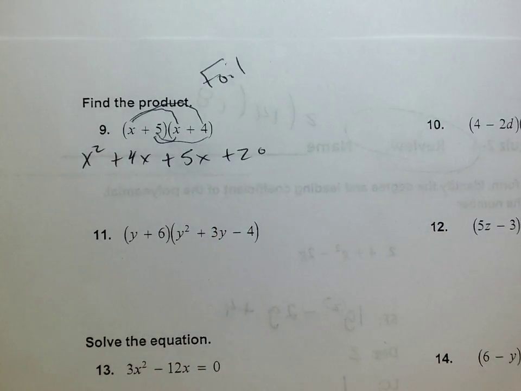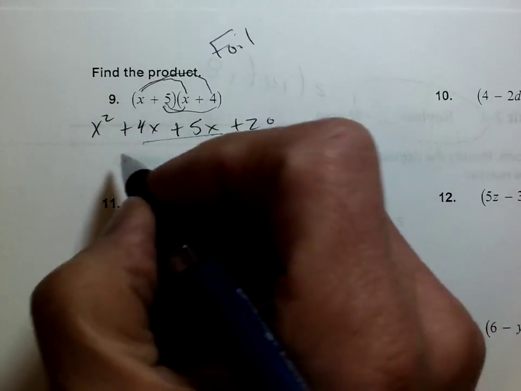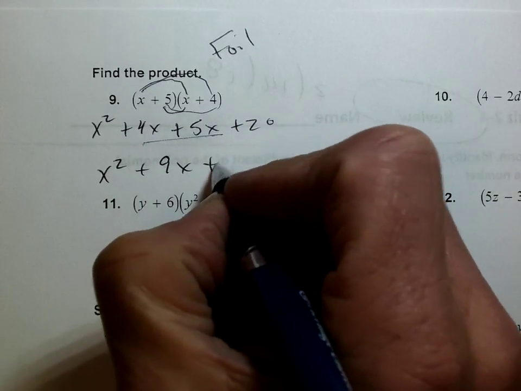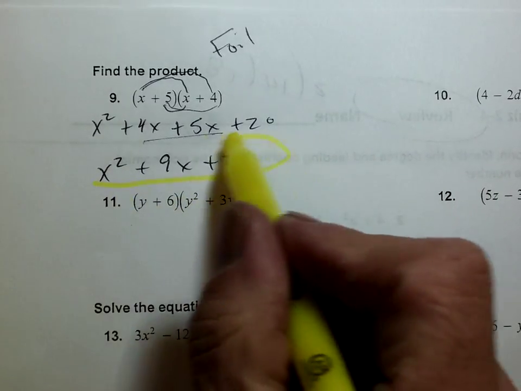So I did my first, outside, inside, last. These two terms are the same. X squared plus 9x plus 20. Done. Answer.